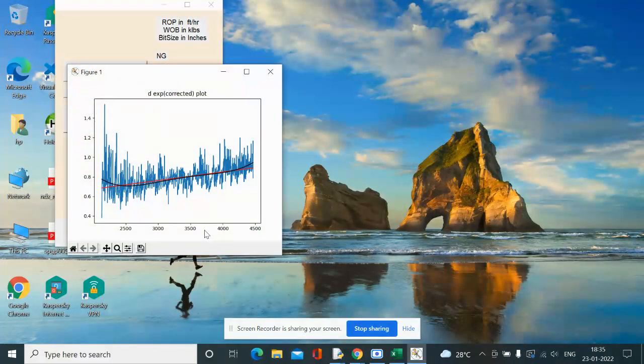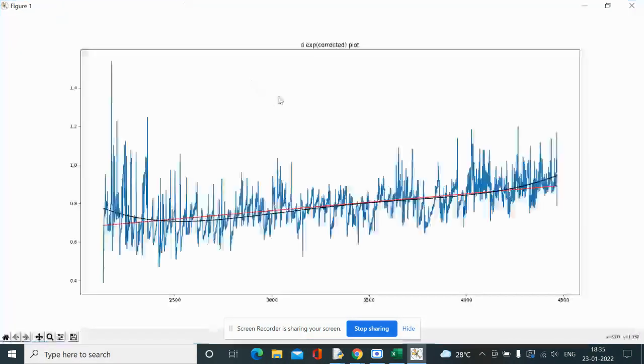Now we have the corrected d exponent plot. After correction, overall the exponent is increasing, but the d exponent value has decreased after correction. Correction is with the normal gradient and current mud weight.